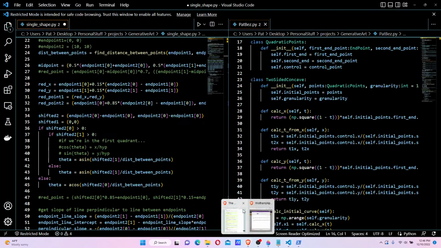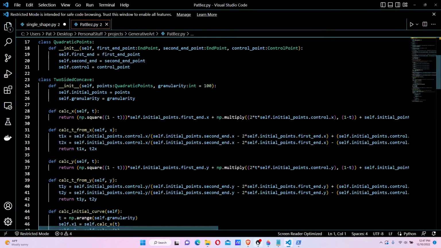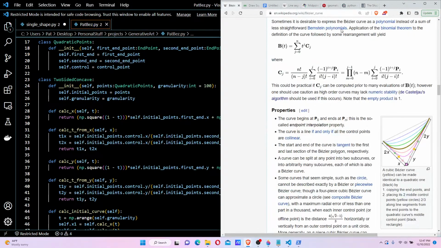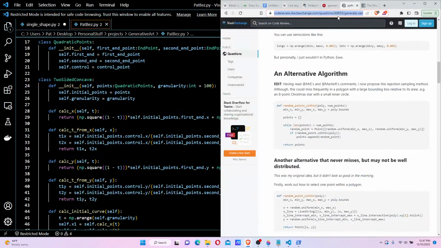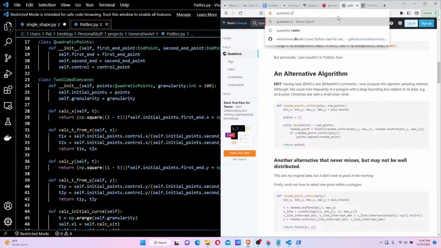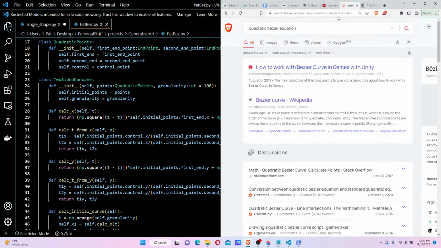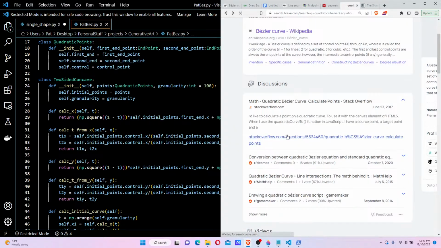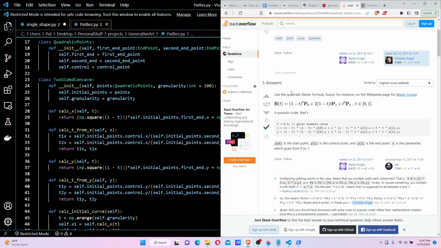So I'm just gonna look up the equation online. So Bezier curve, quadratic Bezier equation. Nice, calculate points. Quadratic Bezier formula, B of t. Nice.